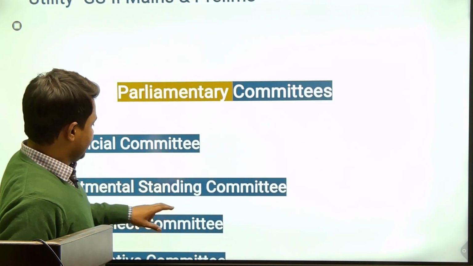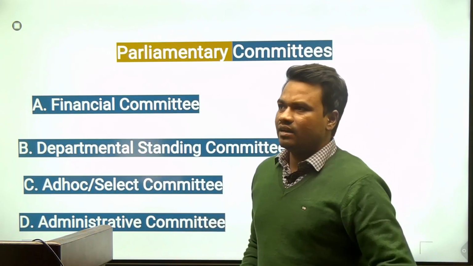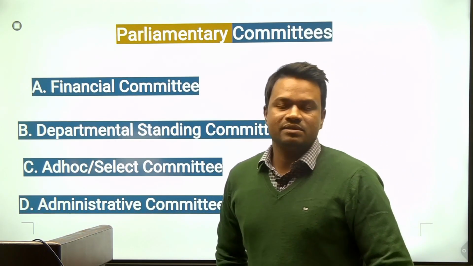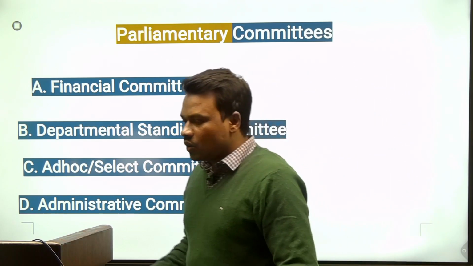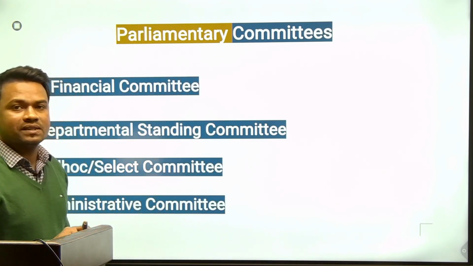If we talk about the structure of the parliamentary committees, it can be broadly divided into 4 categories, that is A, B, C and D: the financial committees, departmental standing committees, ad hoc or select committees, and the 4th one, administrative committees.